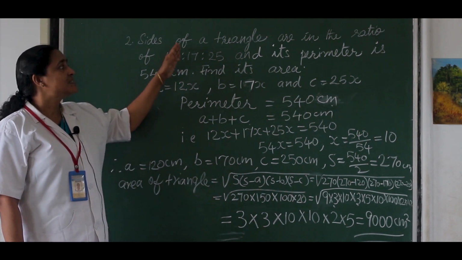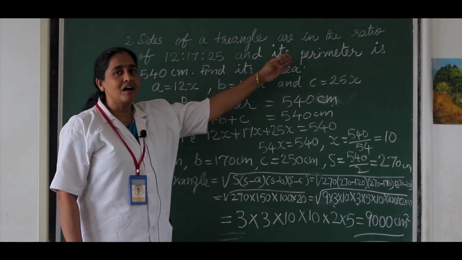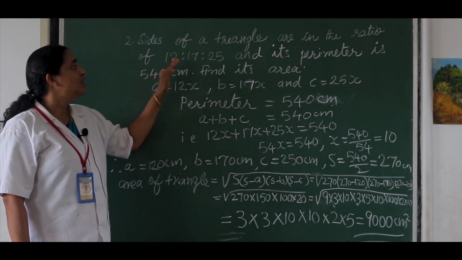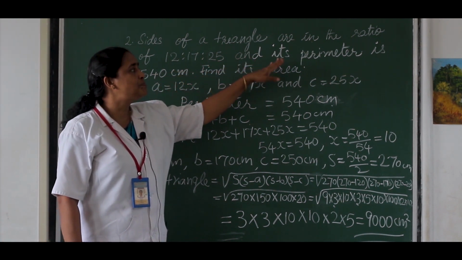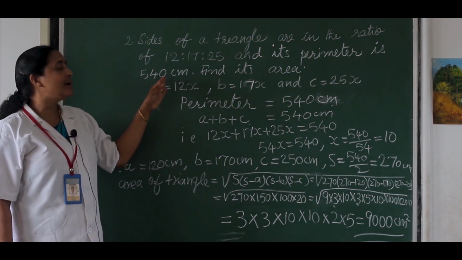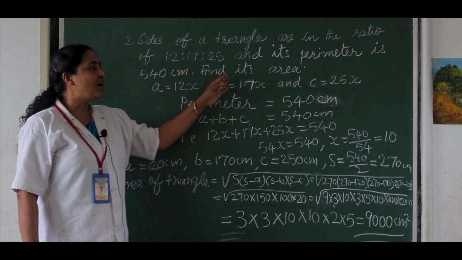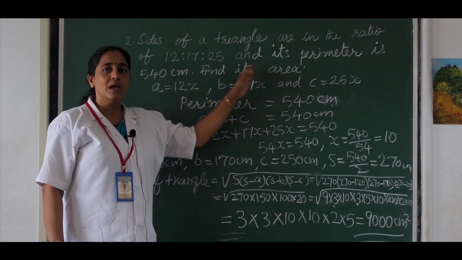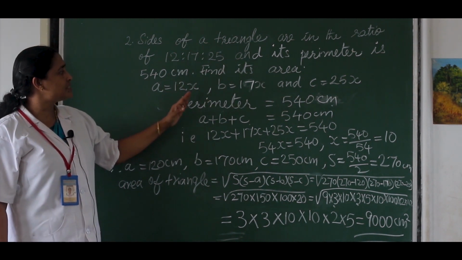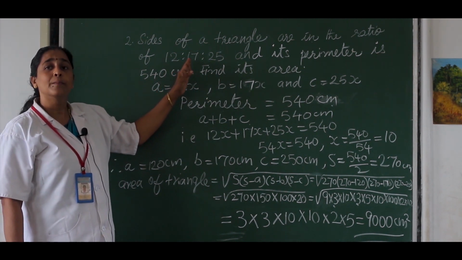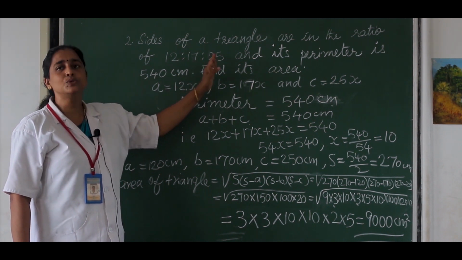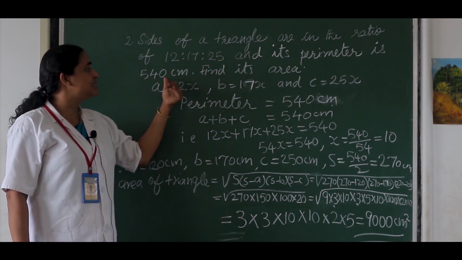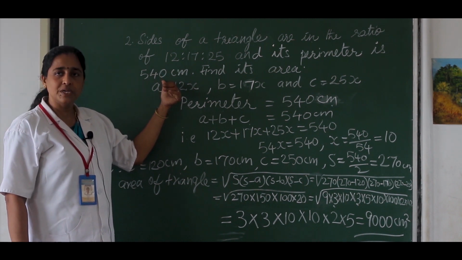The question is, the sides of a triangle are in the ratio 12:17:25 and its perimeter is 540 centimeter. Find its area. Here the given information is in the form of a proportion, that is 12:17:25, and the perimeter is given as 540.